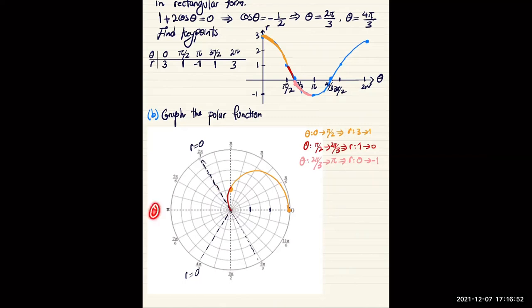So here's theta of pi. If you look, this point is r equal to 1, but r of -1 would be right here. Okay, so this is the angle pi, but since r is -1, you go in the opposite direction of the terminal side and you put the point there.